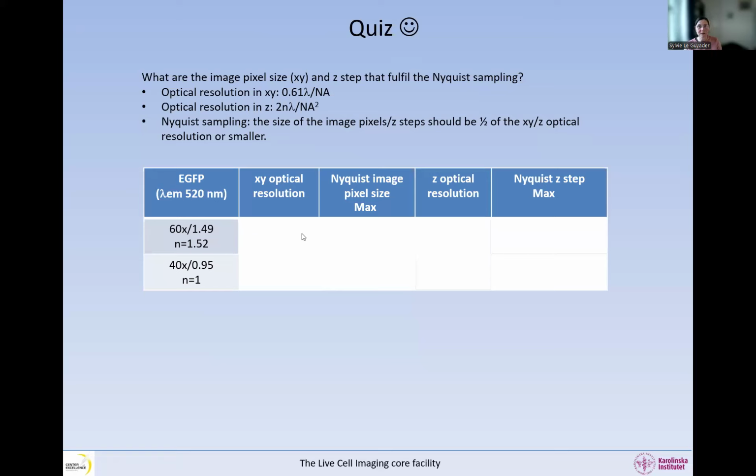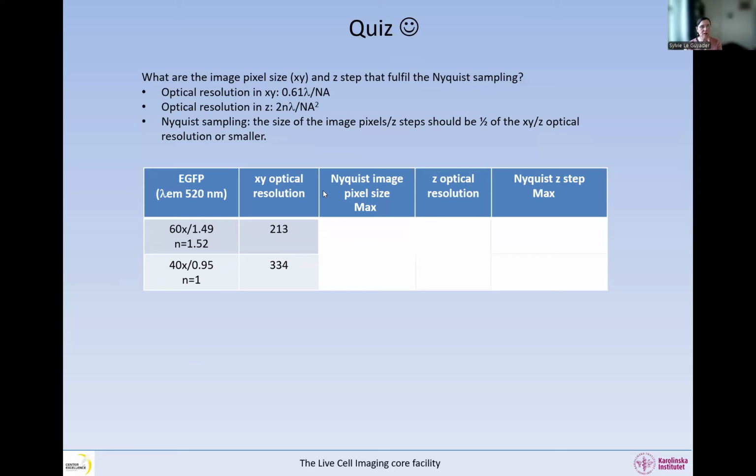Everybody agrees? What about the 40x? Again, 0.61 λ divided by NA. This is lambda, this is NA. 333. Okay, so you said 208 and 334. It depends how we round up. This is what I got. I'm not sure, I may have made a mistake as well.